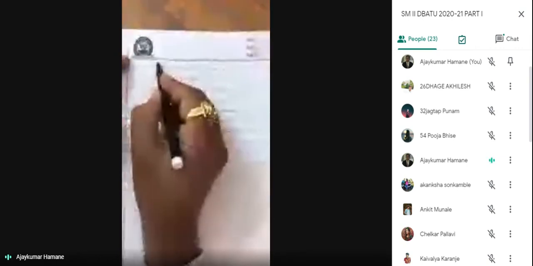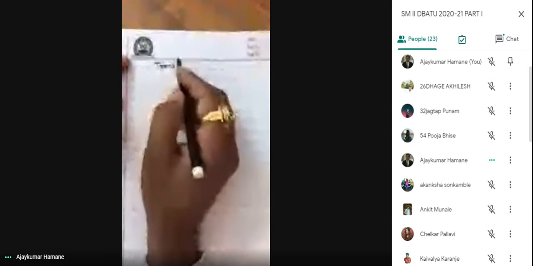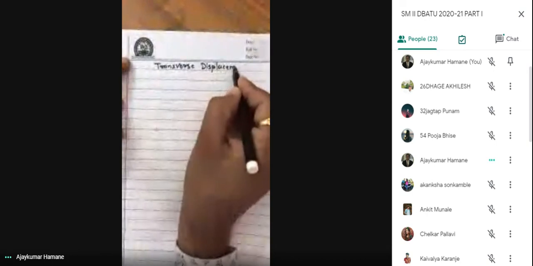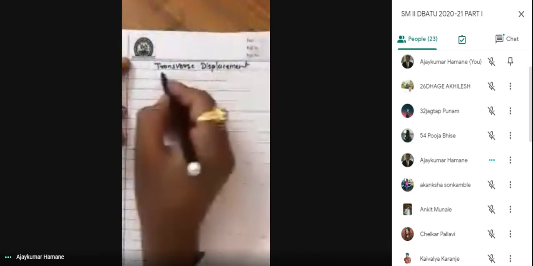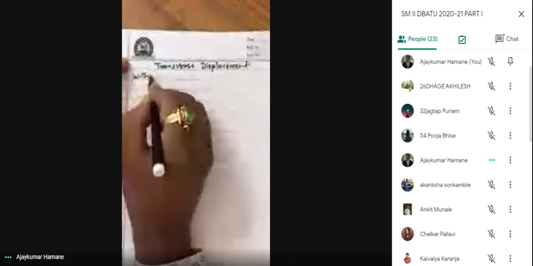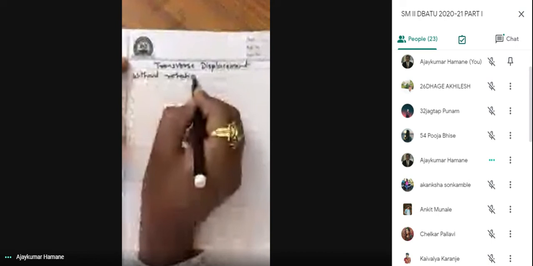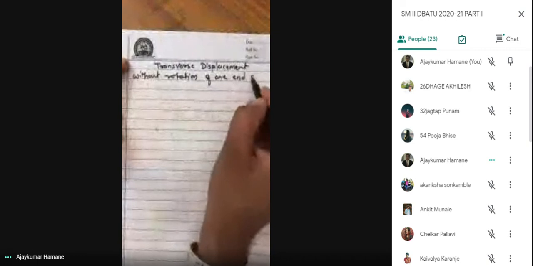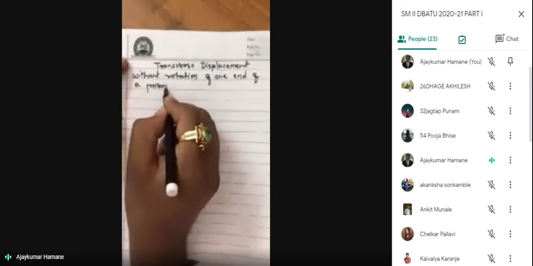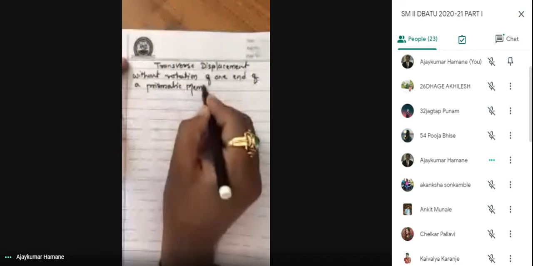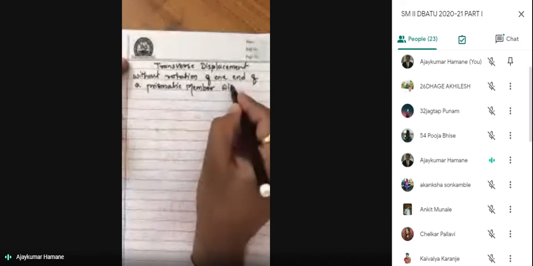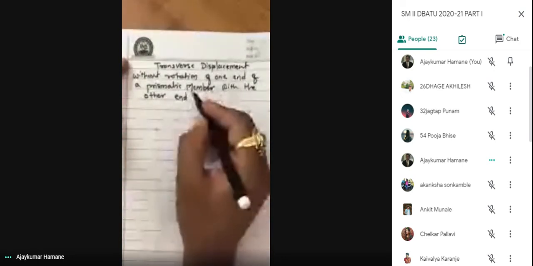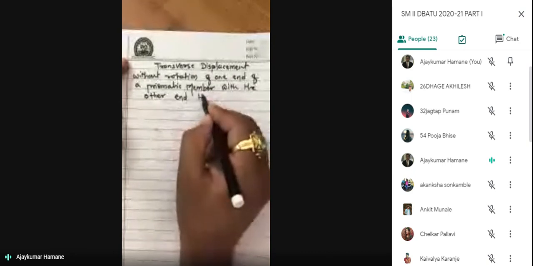Now we will see the transfer displacement, without rotation of one end of a prismatic member, with the other end hinged.